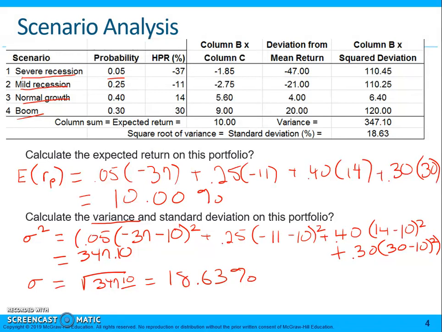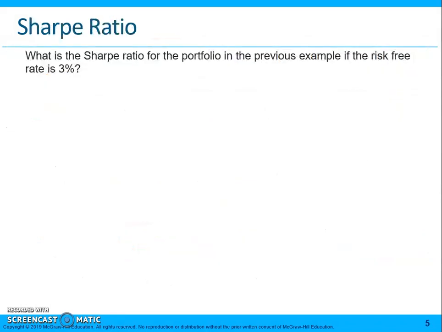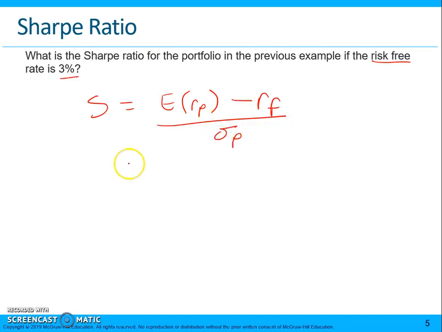Next page, we're going to calculate the Sharpe ratio for this portfolio, assuming we have a risk-free rate of 3%. Sharpe ratio is the expected return on the portfolio minus the risk-free rate, divided by the portfolio standard deviation, which we have all of.